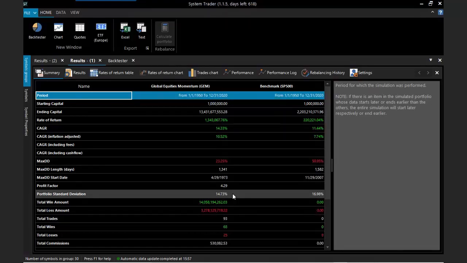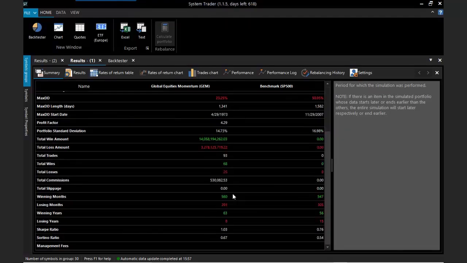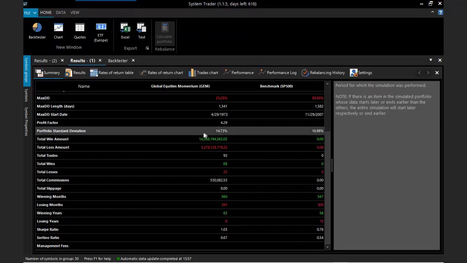We can see it also in the portfolio standard deviation, which is a measure that tells us how volatile the portfolio is. Definitely the GEM portfolio is less volatile compared to a portfolio fully in stocks.